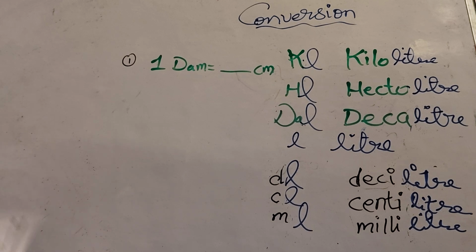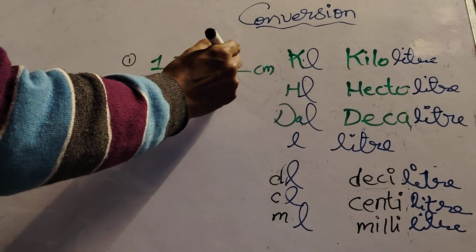So 1 decameter equals 1,000 centimeter. Correct, 1000.